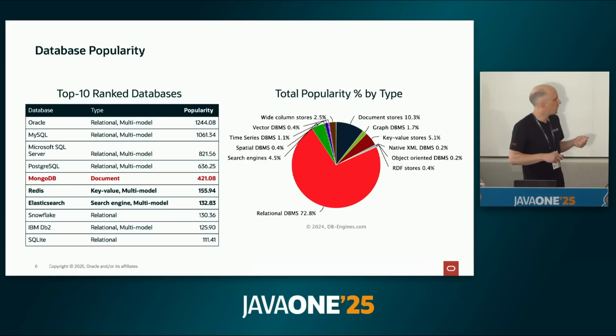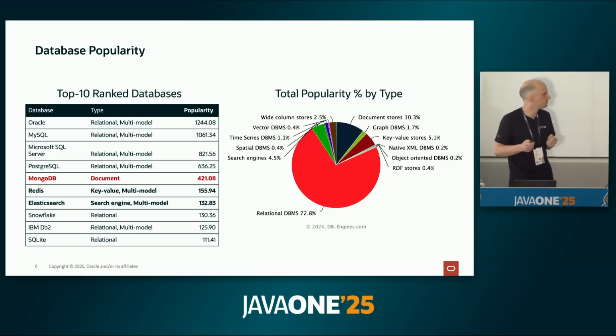But the one interesting thing about this list is the database here at spot number 5, MongoDB. They weren't even here like 5 years ago, but they've come up into the top 5. And these guys rank hundreds of databases. So to make it into spot 5 is significant, right? So there must be something people like about these databases.